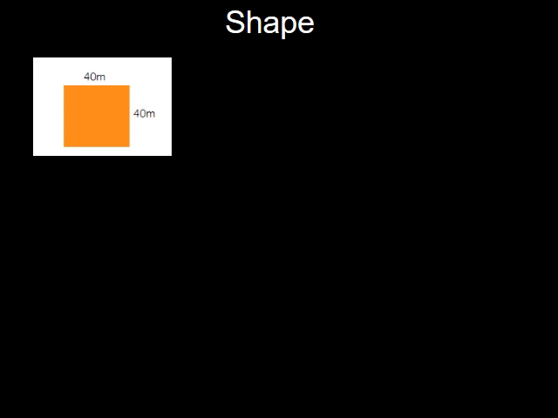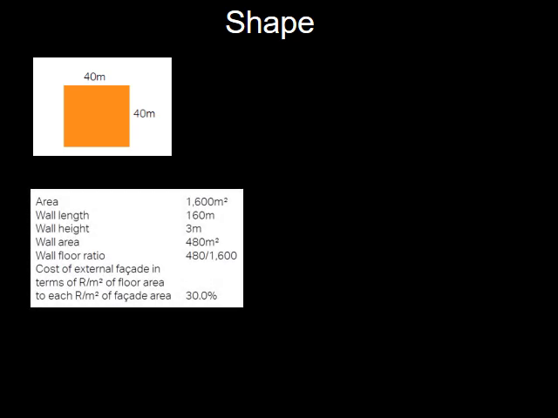The first one is a square shape of 40 by 40 meters, and we can calculate that the total area is 1,600 square meters. The wall length is 160 meters. The wall height is 3 meters.